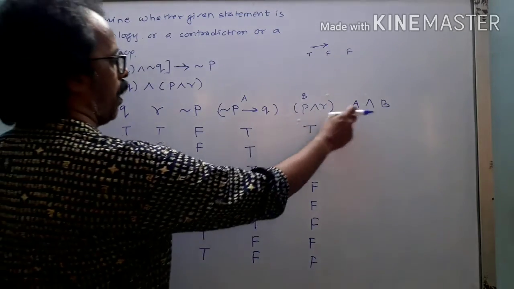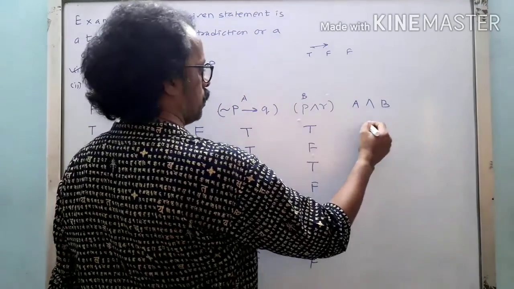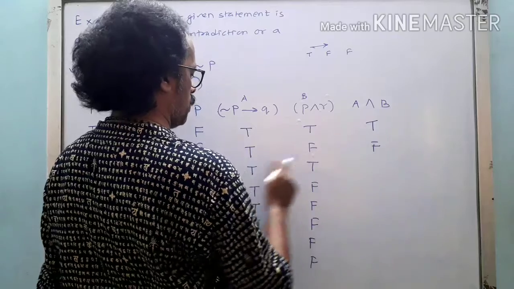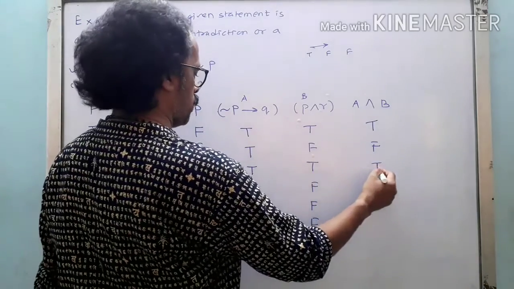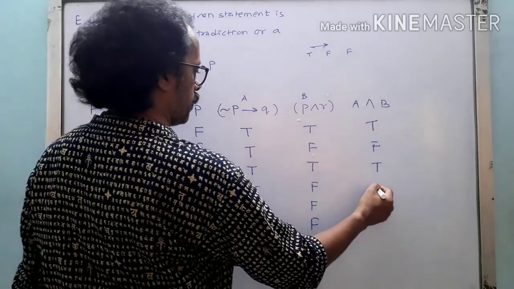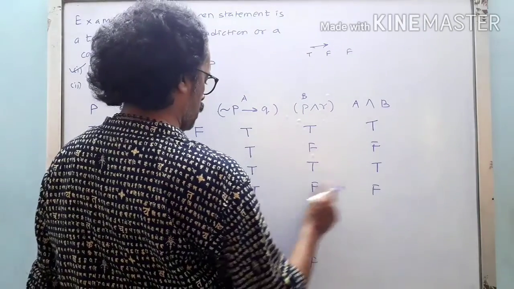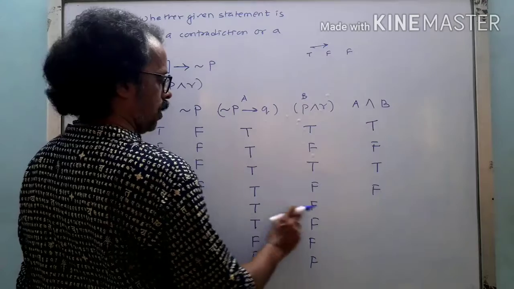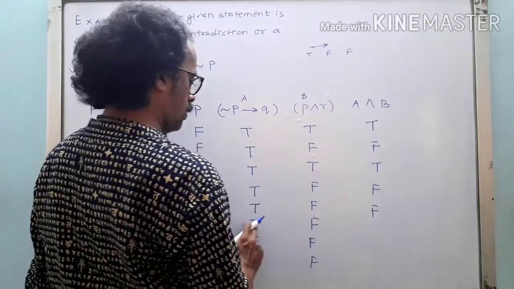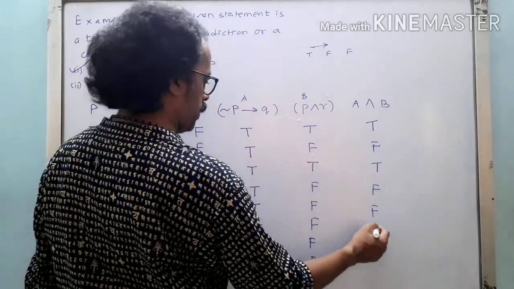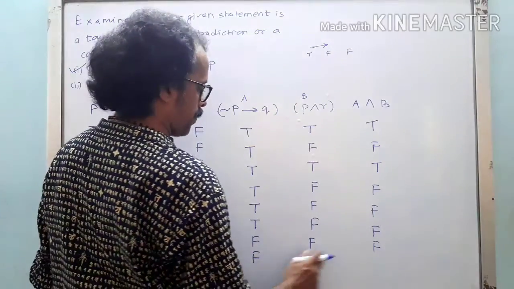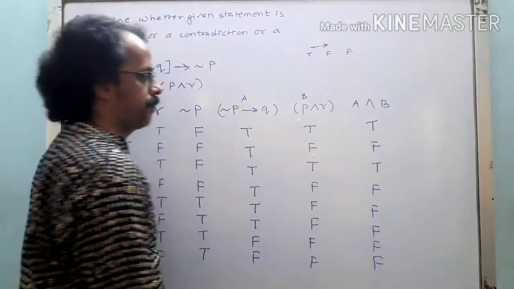Now between these two: true and true is true, true and false is false, true and true is true, true and false is false. Then true and false is false, true and false is false, false and false is false, false and false is false.